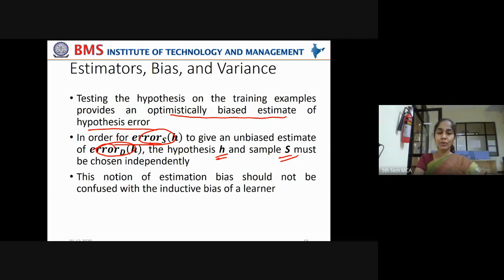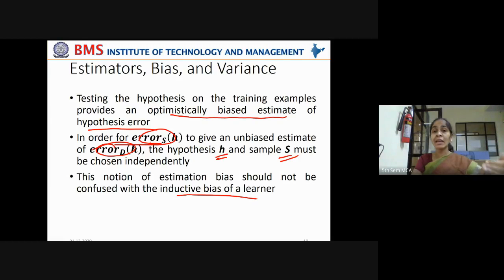Got it? This notion of estimation bias should not be confused with the inductive bias of a learner. We already have seen inductive bias in the previous chapters. Inductive bias is the assumptions we make. Say the simplest tree is the best hypothesis, or you have to consider only conjunctions of attributes in the candidate elimination algorithm.